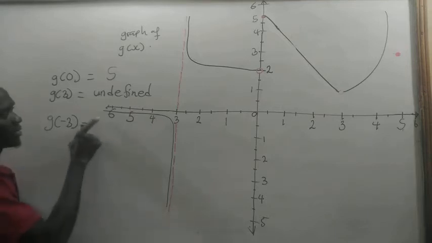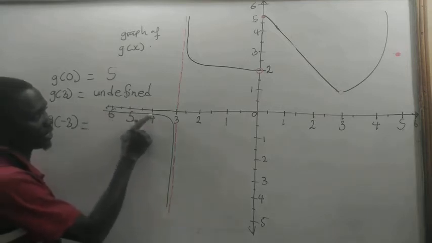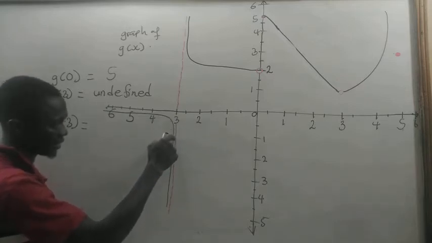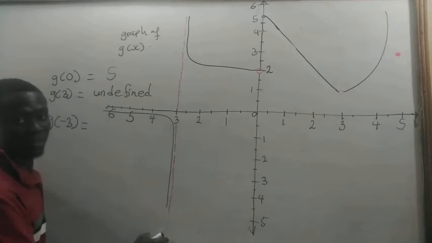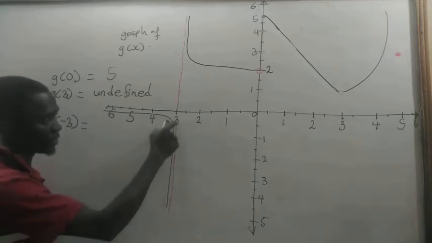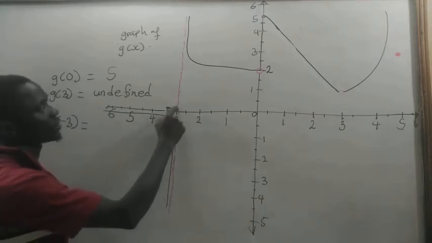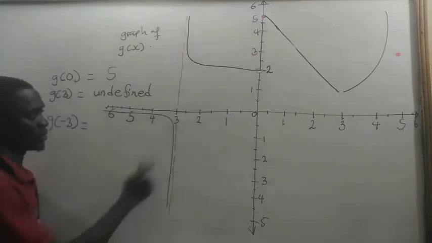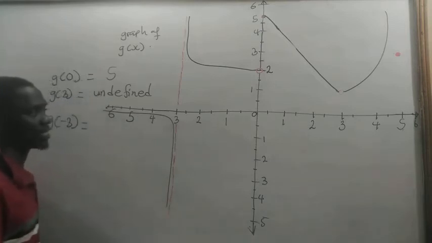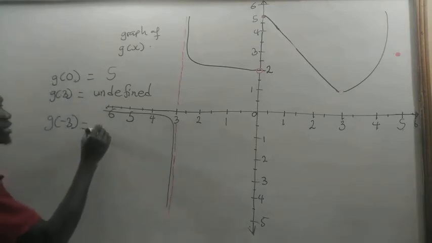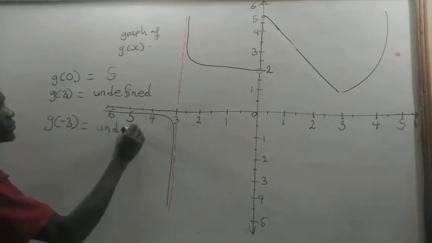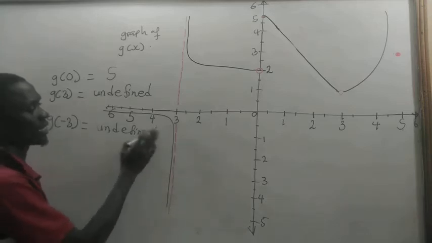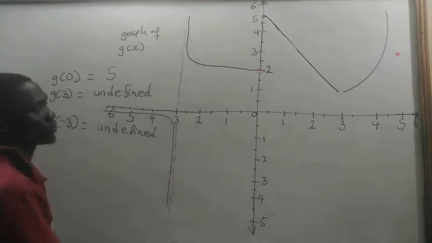Now let us find g of negative 3. As we approach here, if you take g of negative 3, this is the line. You see that there's no value there. If you take this one, you will not get any value corresponding to the y-axis. So this one is also undefined, because there is no closed circle at the top or at the bottom.